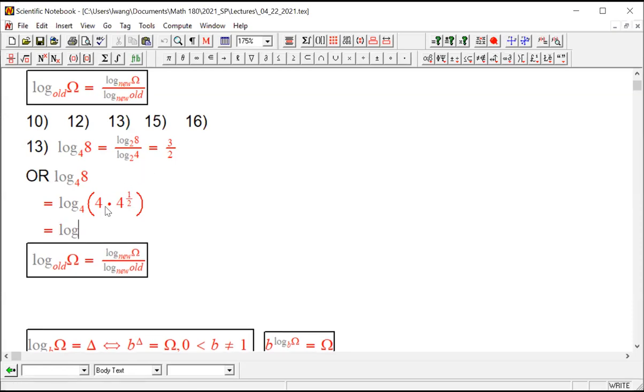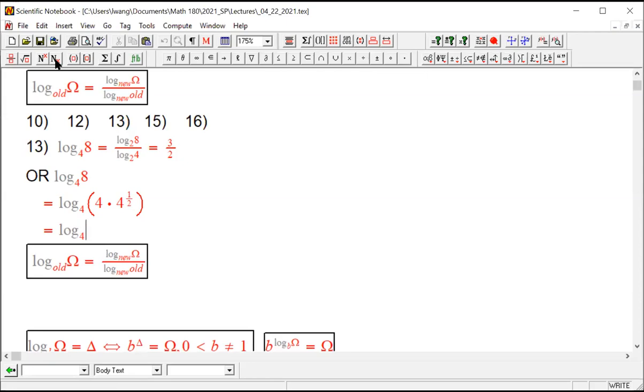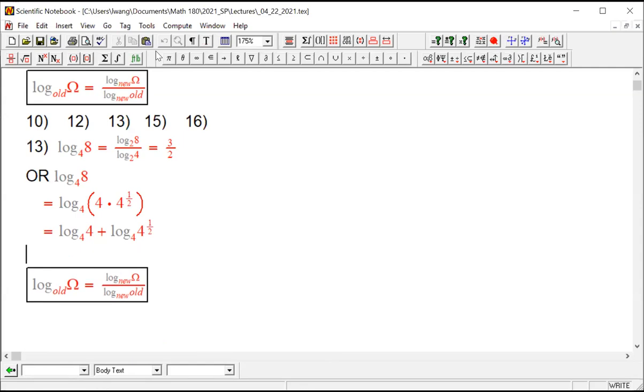So you're going to get log base 4 of 4 plus log base 4 of 4 to the power half. Boom, and there you go. You will get 1 plus half, and that's going to be 3/2. There you go.